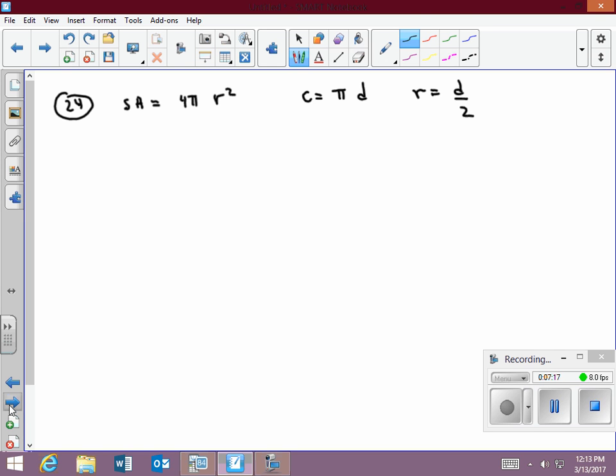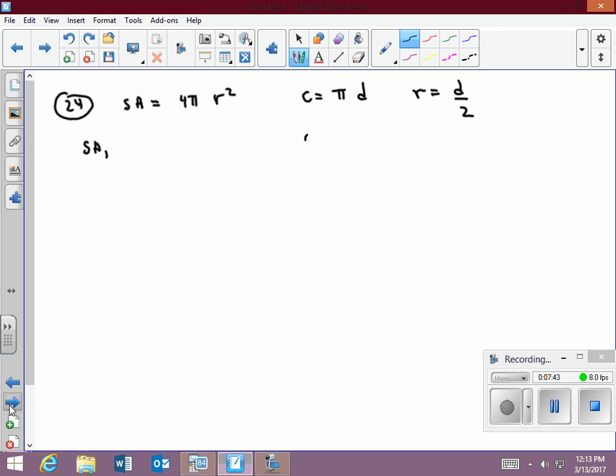Okay. And it's going to want the surface area of the ball to be tripled. So what we have to do is find out the surface area of the initial ball. And in order to do that, we have the circumference is 6 pi.